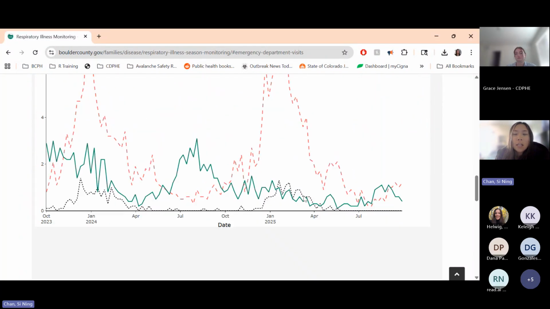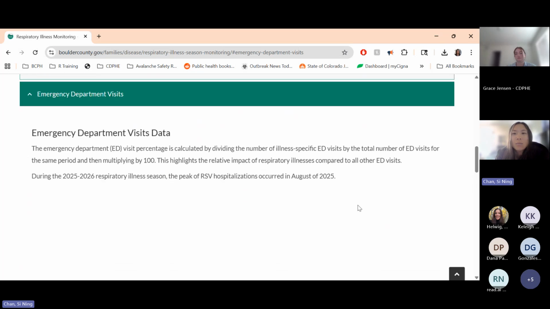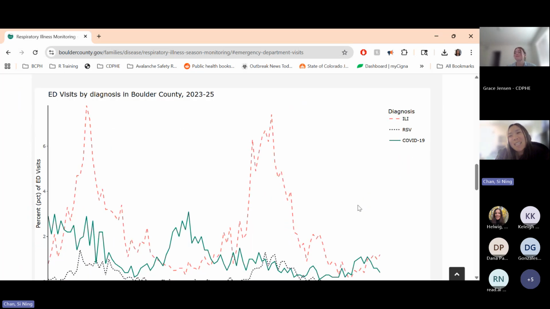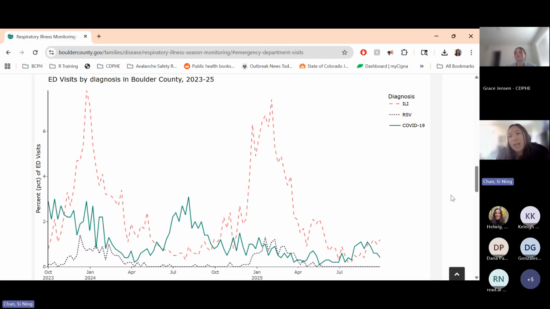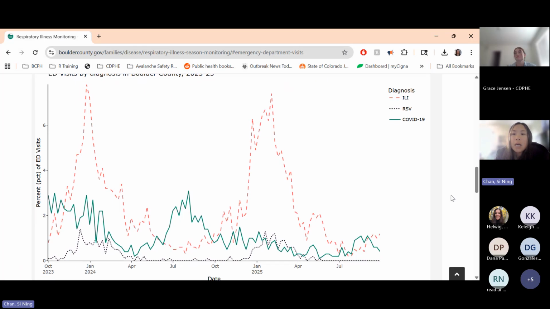And then the second graph here, it's not a very big dashboard, but the second graph goes over our ED visits by diagnosis. So it's the same different pathogens. Again, dashed line for influenza-like illness, dotted line for RSV, and the green solid line is COVID-19.